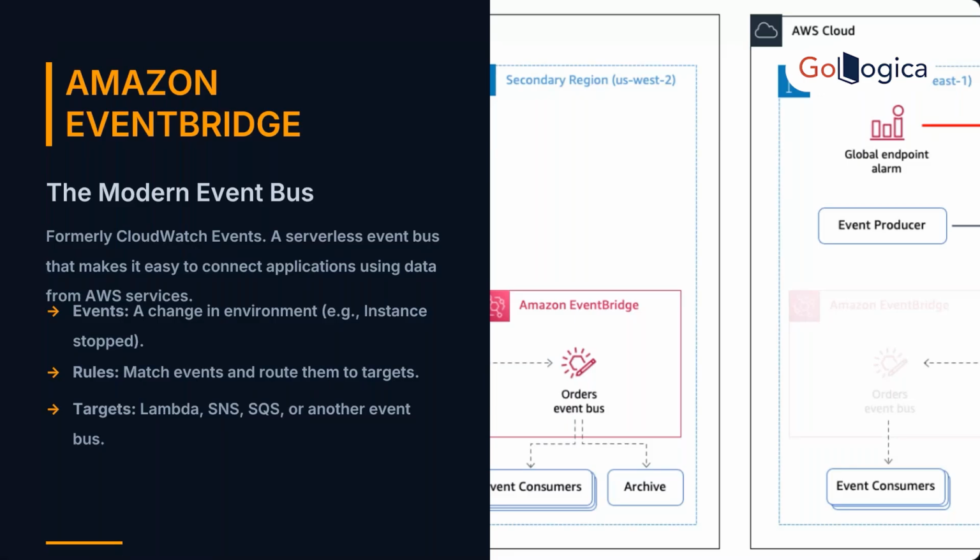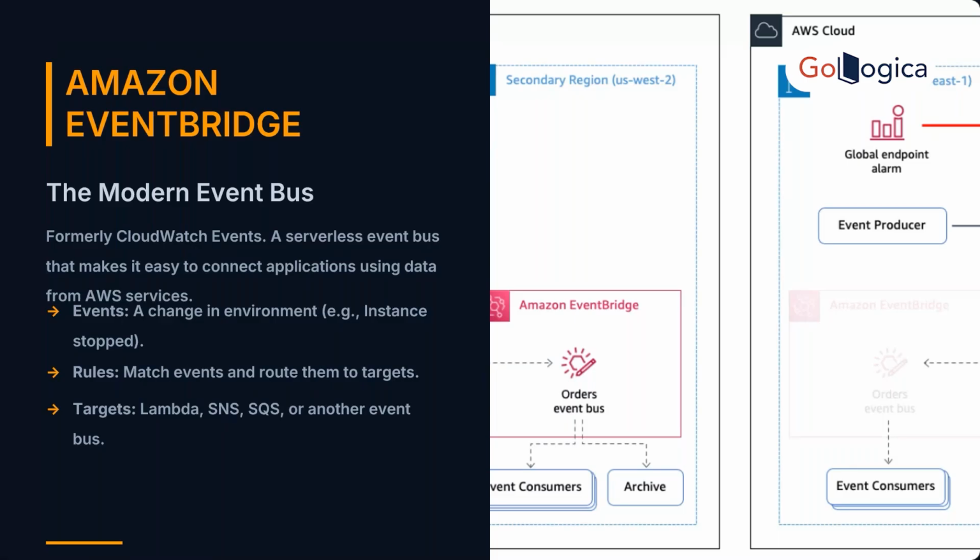So for example, when we go for EC2 and the EC2 instance is stopped, our rule was that if the EC2 instance state changes, then send the alert or trigger the SNS topic. SNS is the Simple Notification Service. SNS will get triggered and then send a notification via SMS or email to all the subscribers of that SNS topic.